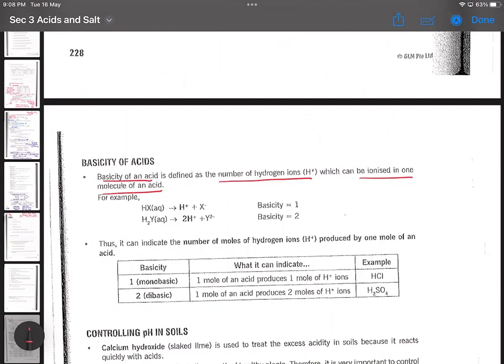Now, it sounds a bit far-fetched. But if you look at the two examples given to us: HCl, when it ionizes in water, forms H plus and Cl minus.